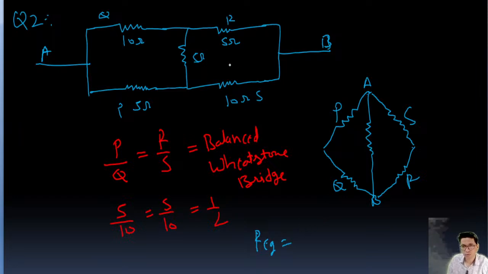So this is going to be simply P plus S. P is 5 ohm, this is 10 ohm, my apologies, this is 5 ohm, this is 10 ohm, and this is 5 ohm, and this is 10 ohm, right? So simple, these are in series, because it's a balanced Wheatstone bridge.